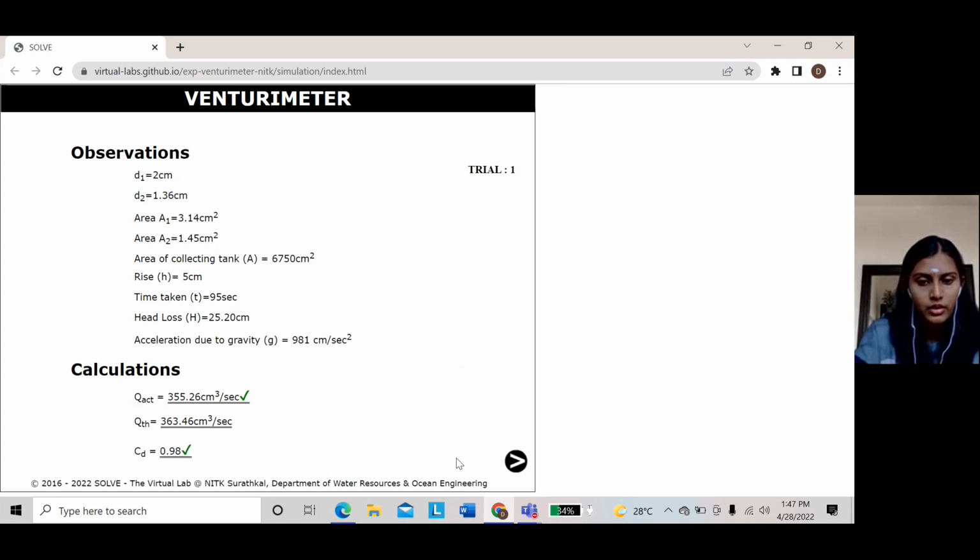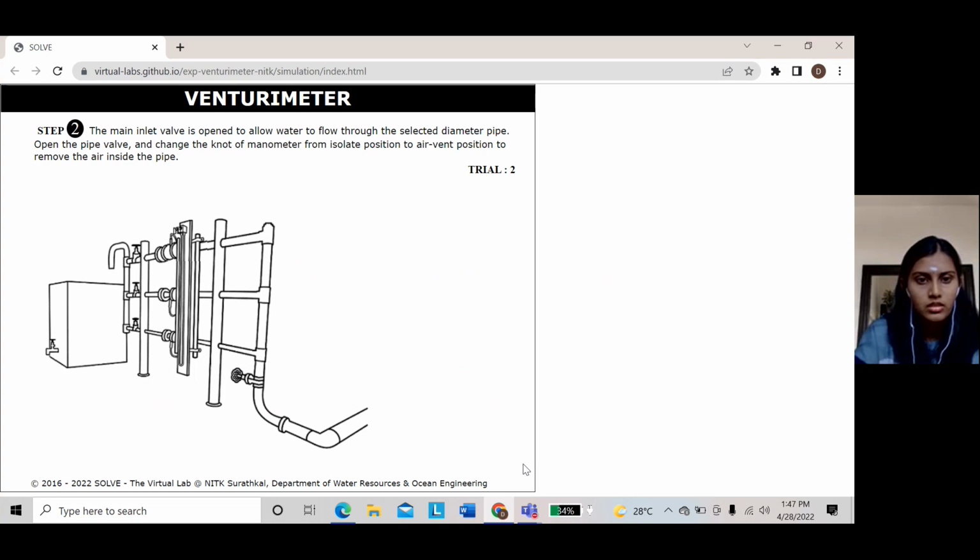Check it. Okay. So this is for the 20 millimeter pipe.